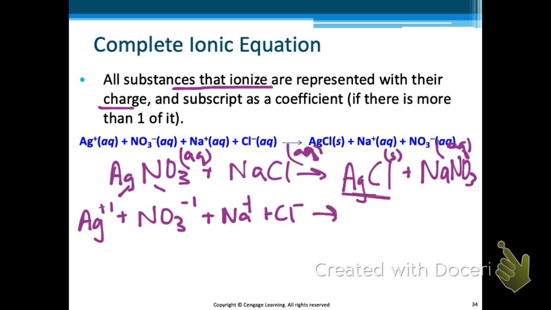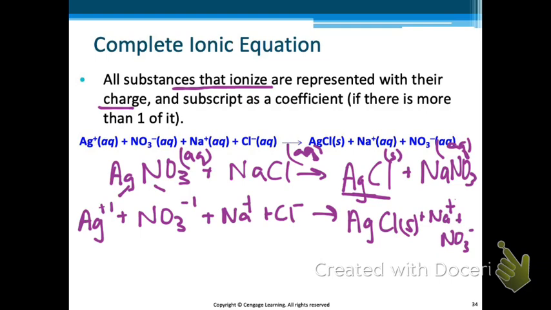We know that AgCl is a solid, so it gets to keep its form, and then we write sodium and nitrate. So AgCl would be the solid on the bottom of the water. This is the exact formula equation in the exact lab that we did. Our limiting reactant lab was this exact formula equation.